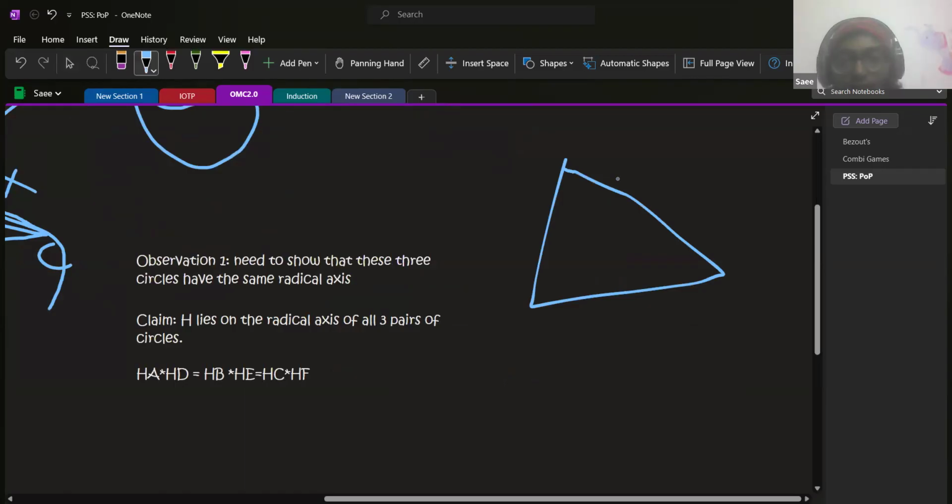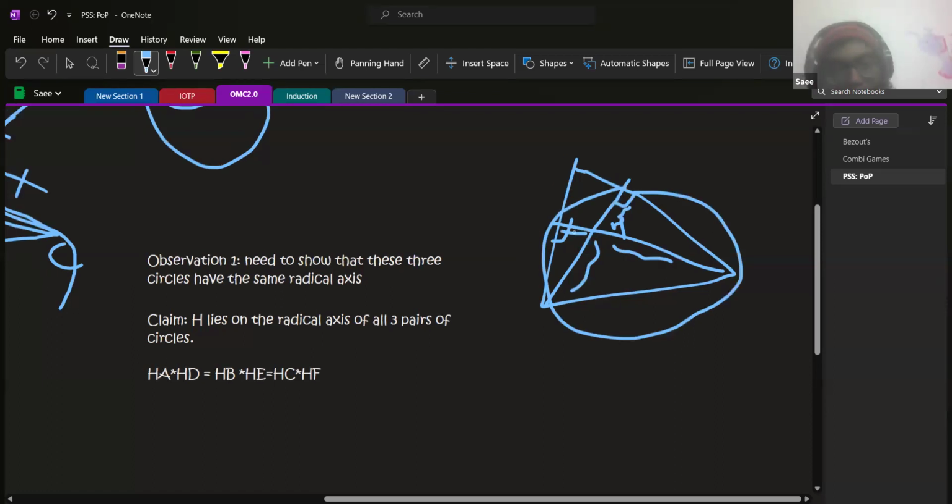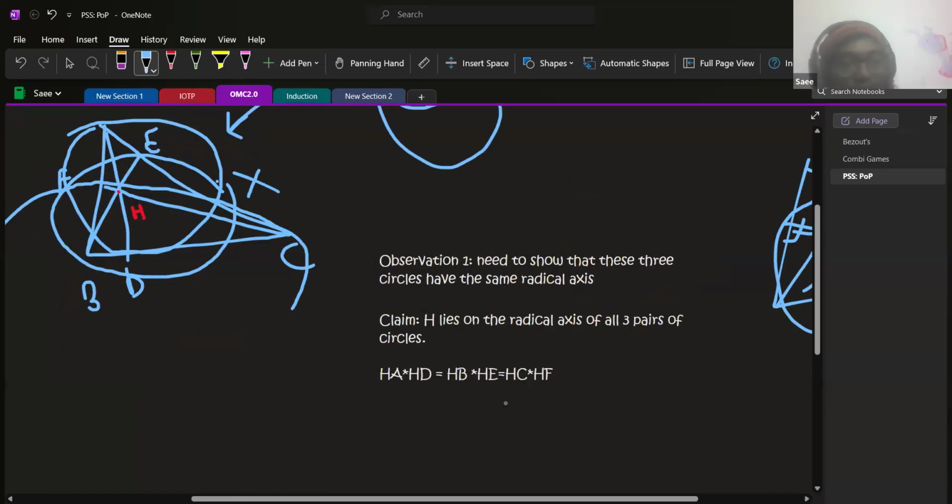If we have a beautiful triangle config sort of like this, then we know that this is 90 and this is 90. So we know that this is cyclic. So we know that HB times HE is the same as HC times HF, simply because of power of a point of H with respect to this circle. And the same thing we can do everywhere. So we know HA times HD is HB times HE is HC times HF.